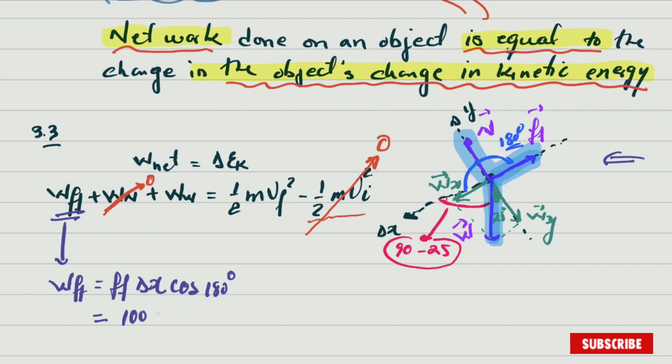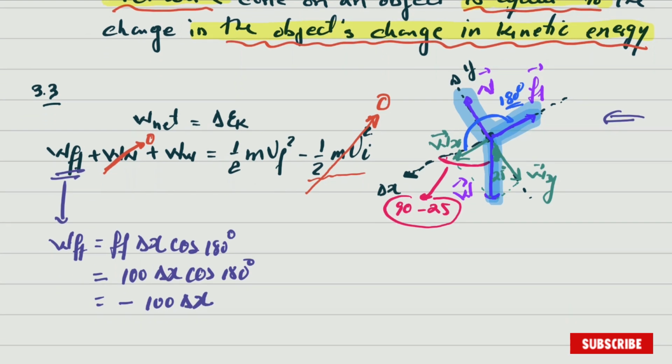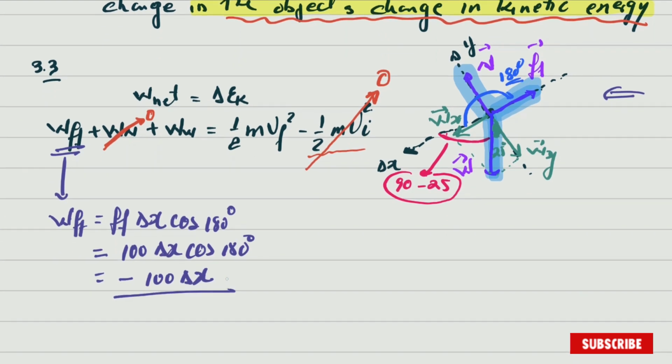So it's 100 multiplied by the displacement multiplied by the cosine of 180. And if you carry on, you have that this one will be minus 100 multiplied by displacement. So this one is the work done by the friction that we are going to substitute in when we finish.